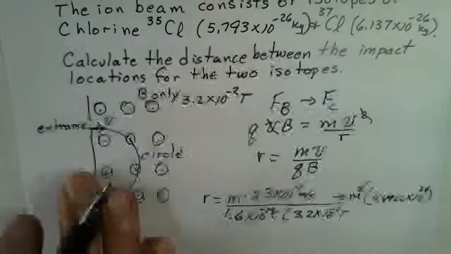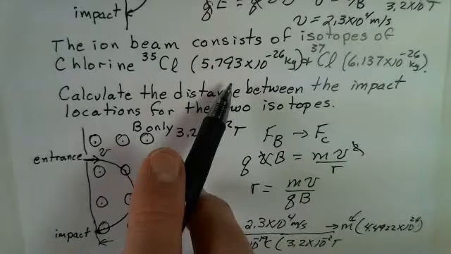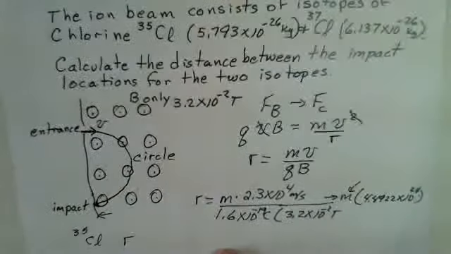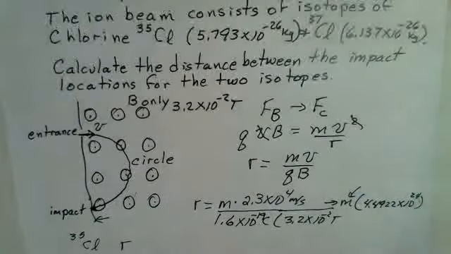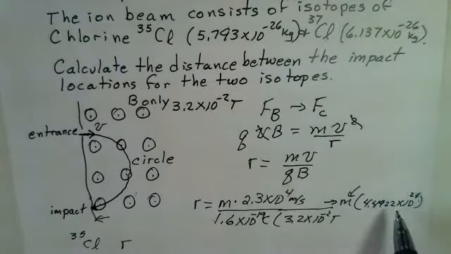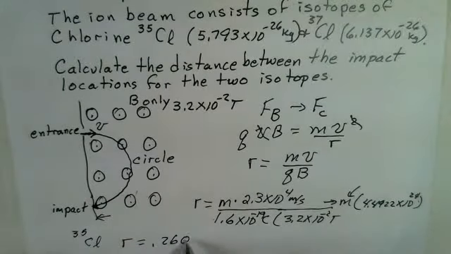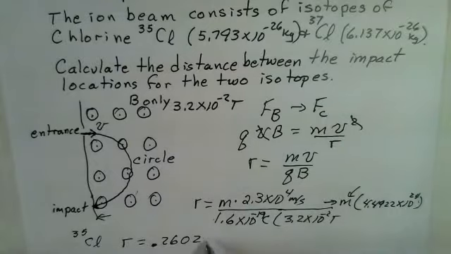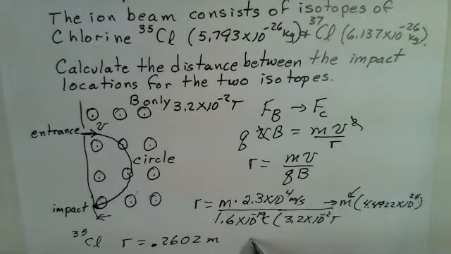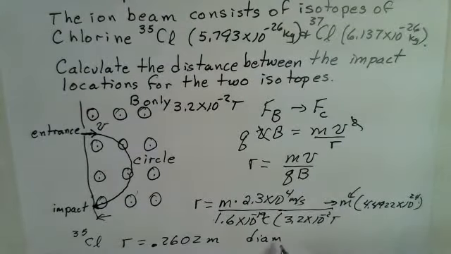For chlorine 35, you're putting in 5.793 times 10 to the minus 26. Substitute that in for the m here and multiply. The radius I came up with for chlorine 35 was 0.2602. And again, you ought to pause and check with your own calculator. The diameter, if I double that, is roughly 0.5205 meters.